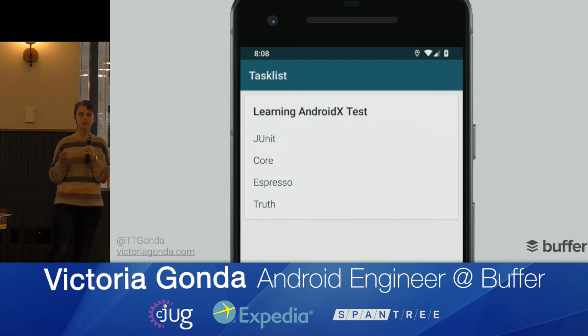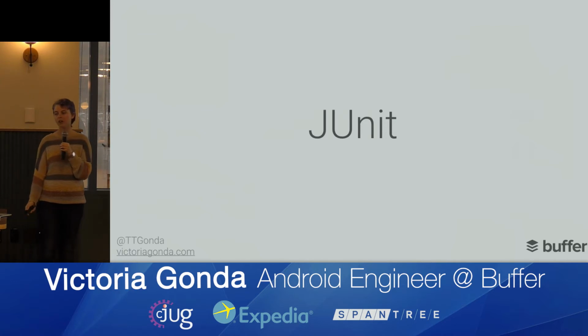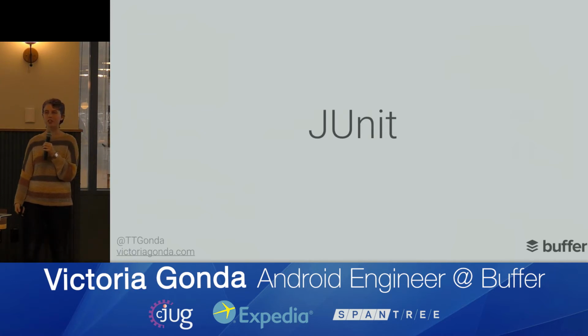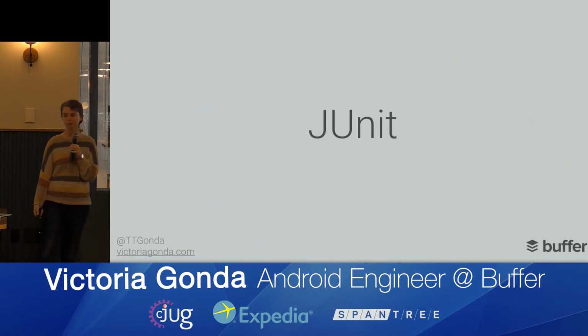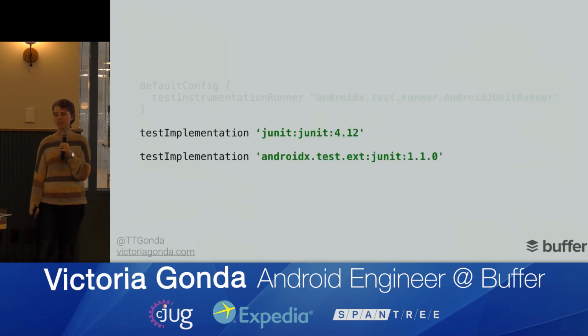The first step is JUnit. Remember that the JUnit section is the JUnit 4 support with the runner and rules you already know if you're familiar with testing on Android. It also allows you to get the application context in your tests, and you can think of this section as your scaffolding. There are 2 dependencies that you need to add to get started with this.